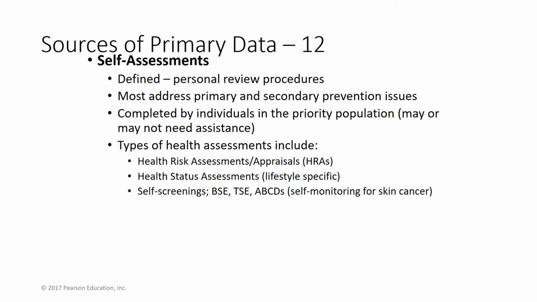Now, there can be some bias in self-reported data. There's reporting bias, where people will respond in a way that they think is socially acceptable or what the researcher wants to hear.